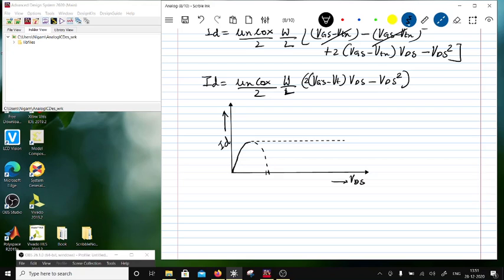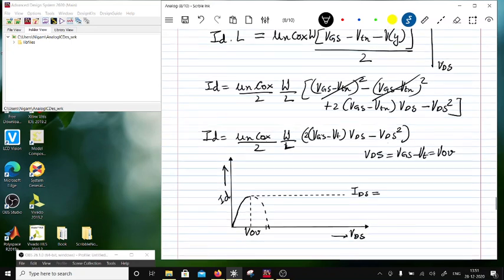And this value would be equal to IDS, the peak value. The peak value occurs at VDS equal to VGS minus VT, where the pinch off takes place, which is equal to V overdrive. So at V overdrive, the pinch off will occur.